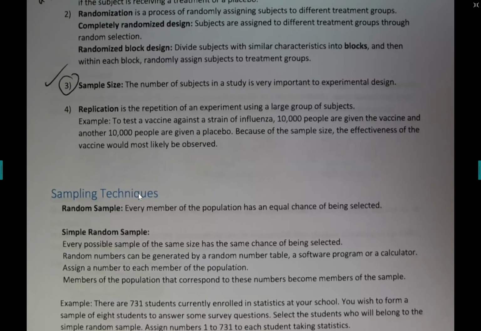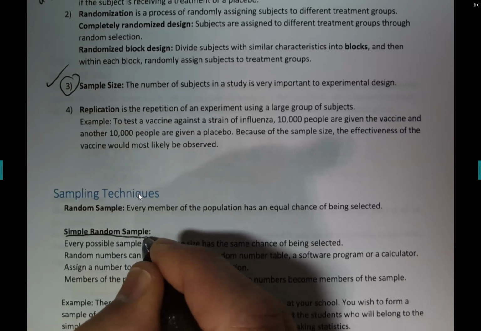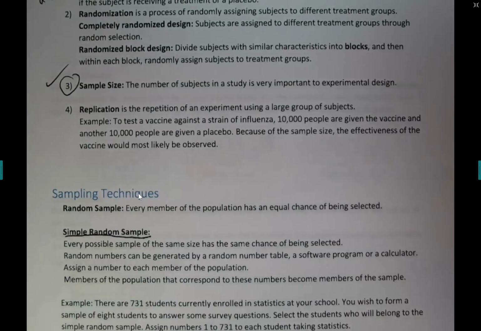Now, let me tell you what a simple random sample is. Every possible sample of the same size has the same chance of being selected. So let's say I have 30 students and I want to pick 5 students.